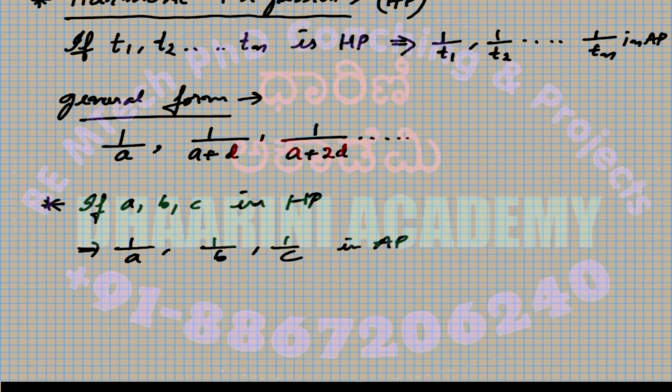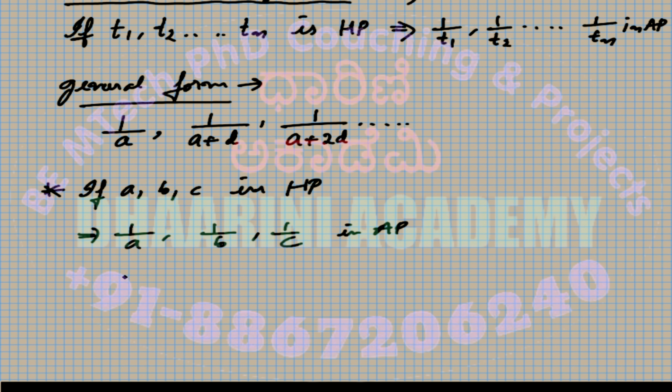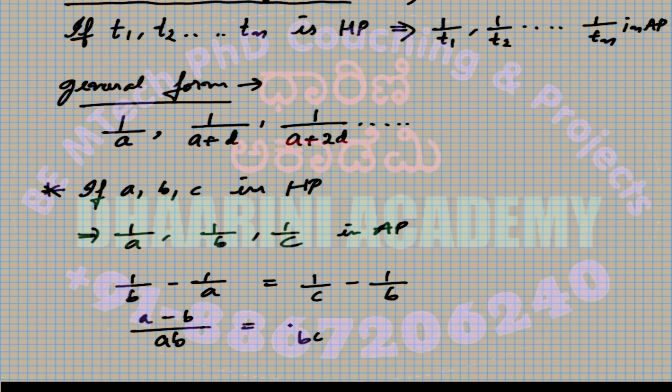So whenever we can say that this is in AP, I can write the common difference should be same. So 1 by B minus 1 by A should be equal to 1 by C minus 1 by B. Let us try to take a common denominator. So AB, in the numerator it is A minus B, equals BC over B minus C. So the B gets cancelled, right?